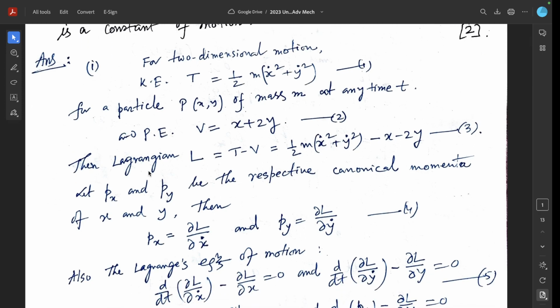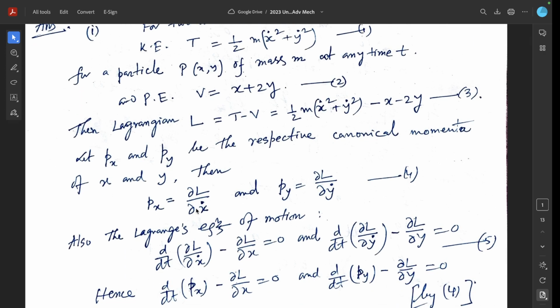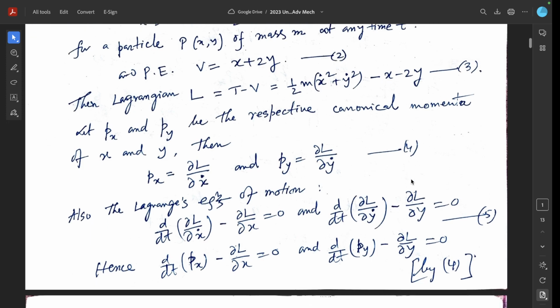Equation 3. Let px and py be the respective canonical momenta of x and y, then px equals del L by del x dot and py equals del L by del y dot. Equation 4.